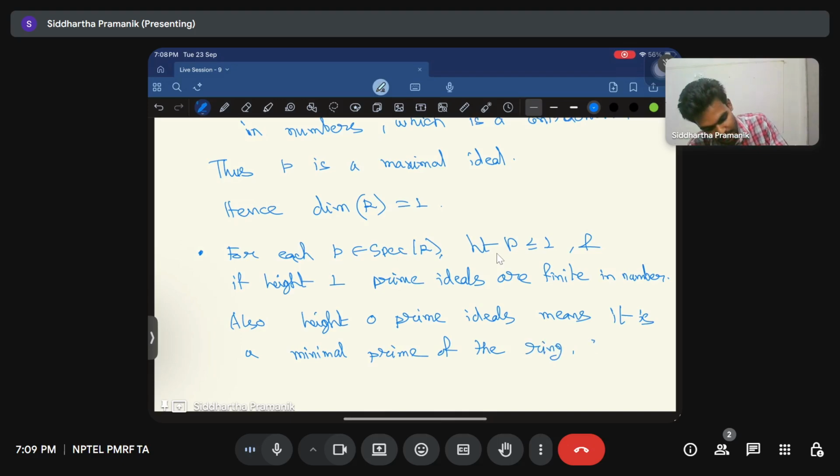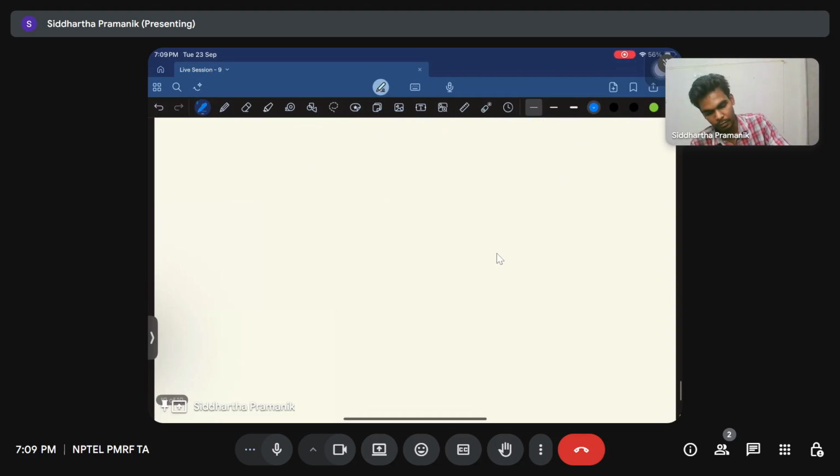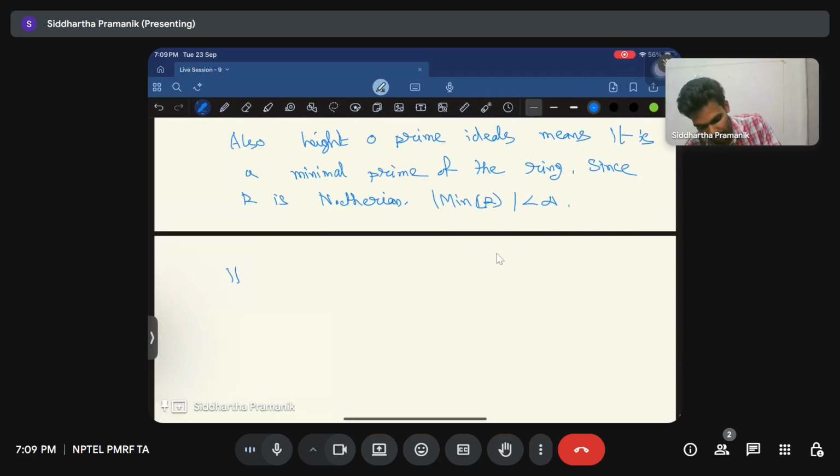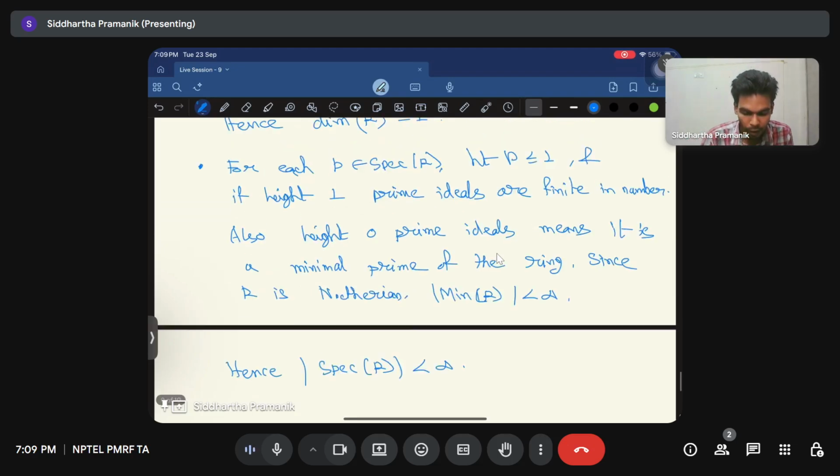Now since R is Noetherian, the set of minimal primes of R is also a finite set. So hence we can immediately say spectrum of R is a finite set, because spectrum of R contains only height 1 and height 0 prime ideals.